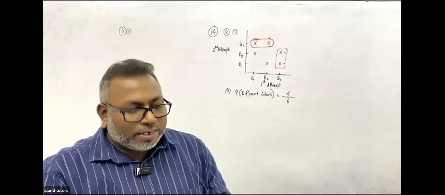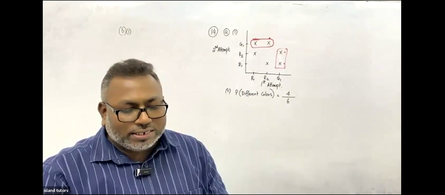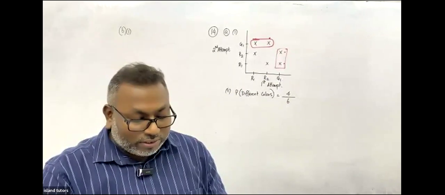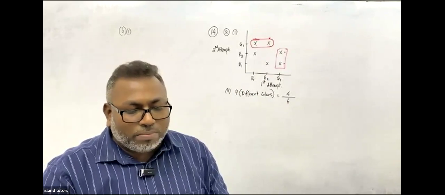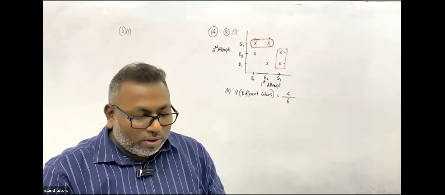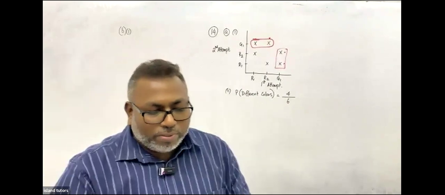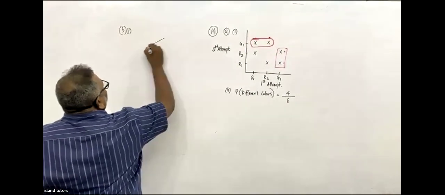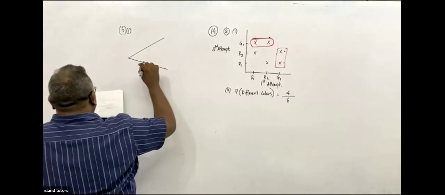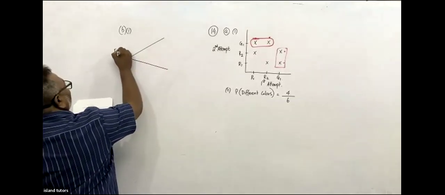The probability of a person who faces the English language test passing is 4 out of 7. An incomplete tree diagram drawn to represent the above information is given below. Mark the relevant probabilities on the branches. Okay, so part 1 is quite easy. This is your English language test.